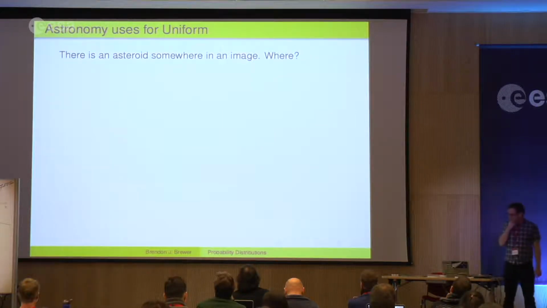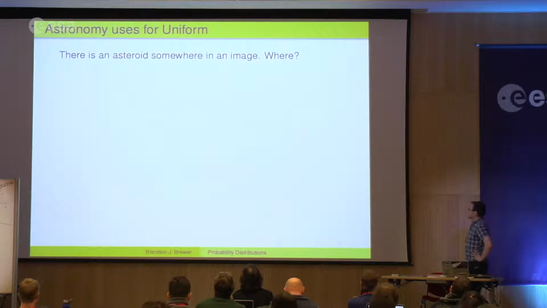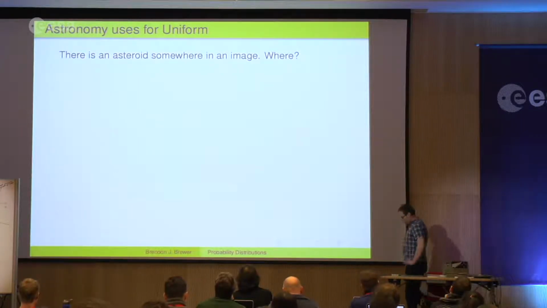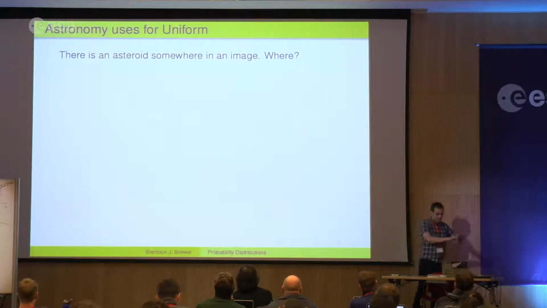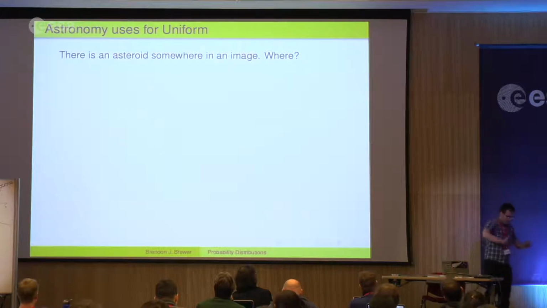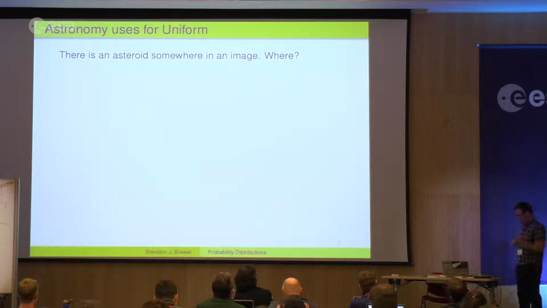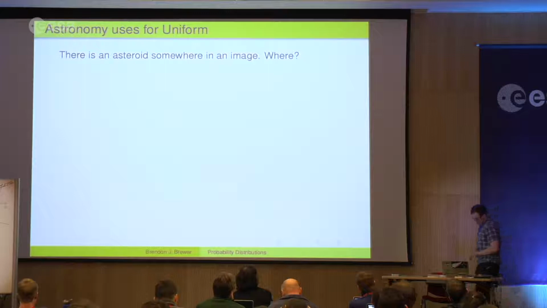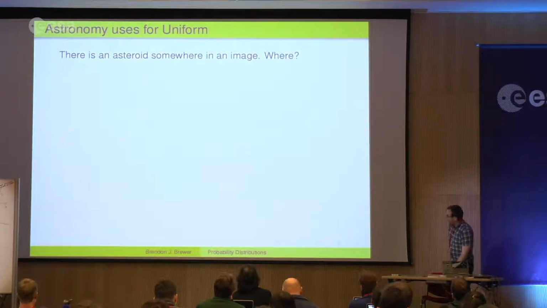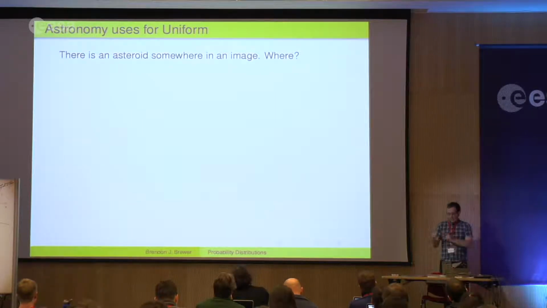So here are some examples of when you might use these distributions in astronomy. Uniform distributions: say you have an image and you think there's an object somewhere in the image, you might assign a uniform distribution for the x-coordinate of its position and the y-coordinate of its position, just to say, I don't know where it is in this image, but I'm treating regions as equivalent.